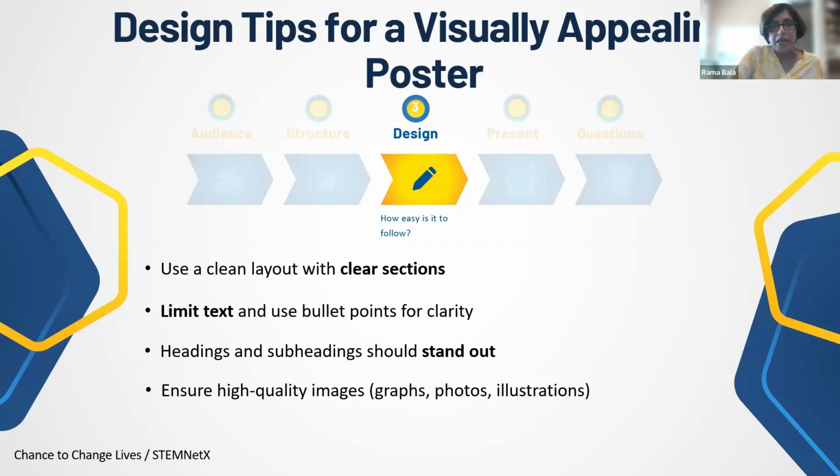Be creative, really, as you want to draw attention to key aspects of your poster. And finally, in the visually appealing posters, you may want to pay attention to using high quality images, whether it is for illustrations, photos, or presenting graphs. Use of high quality images really enhances the poster presentation.